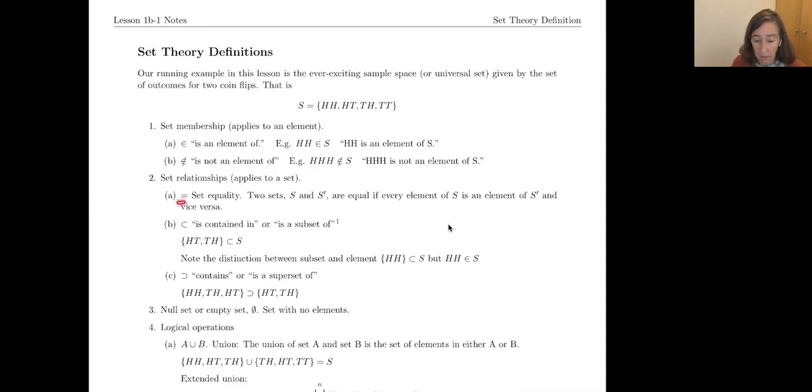In terms of sets being equal to each other, they're equal if they have the same elements. So this would be equal to, if I write them in a different order, TT, TH, HH, HT. This is maybe a good place to point out something else about sets.